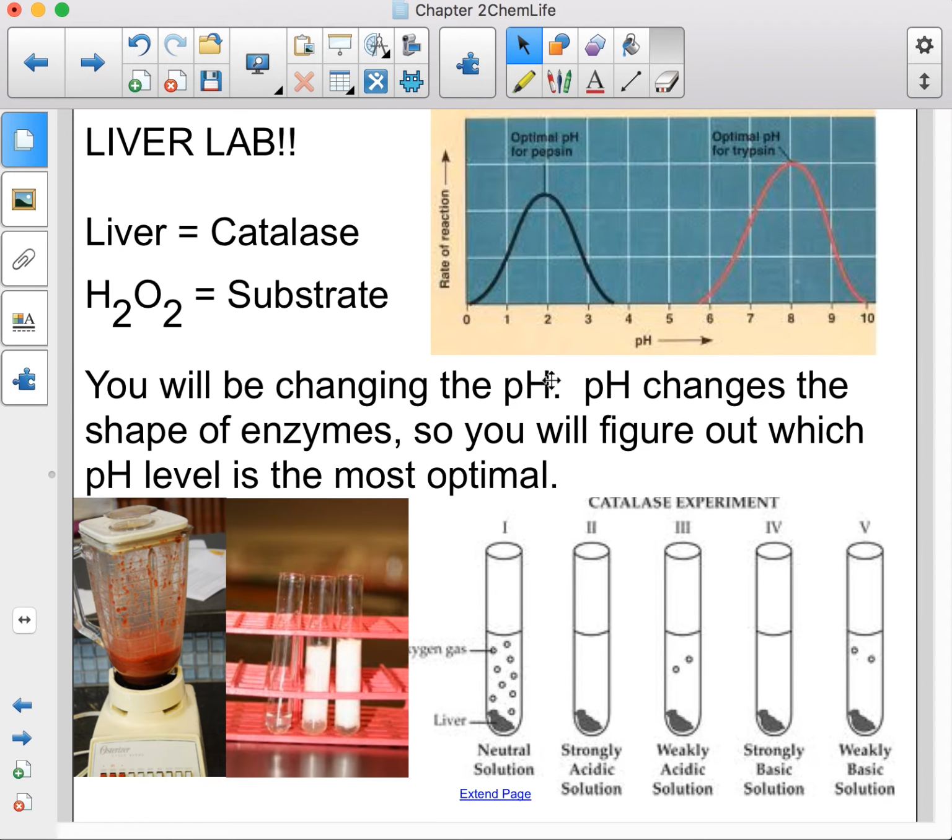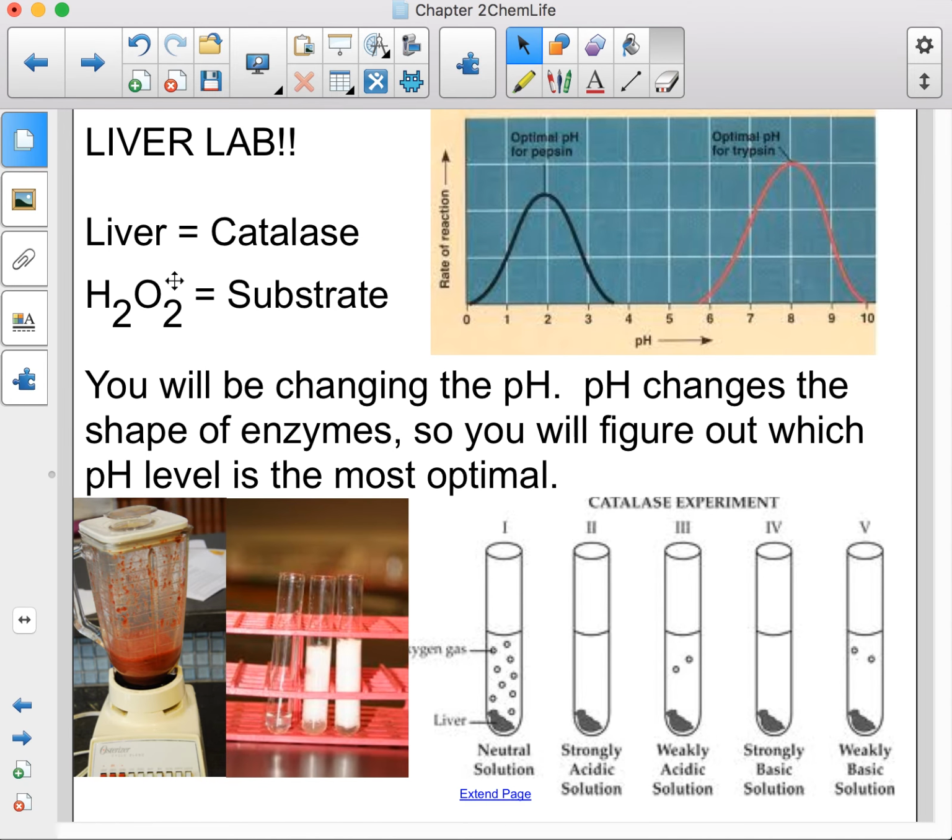So you're going to think about, well, geez, liver is found in this case in a cow. What is the pH level inside of a cow that allows it to work at its optimal best, breaking down this very dangerous substance into harmless substances, if you will? So, yeah, that's the experiment.